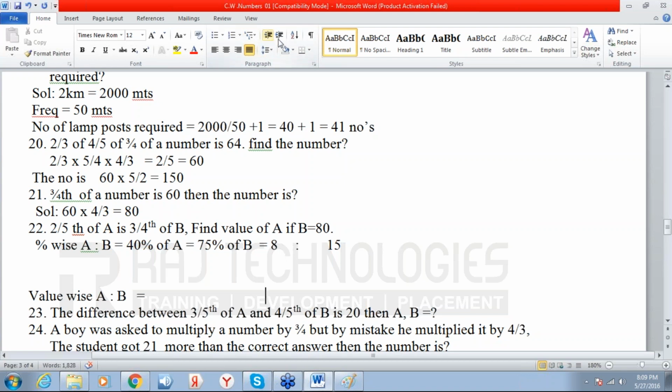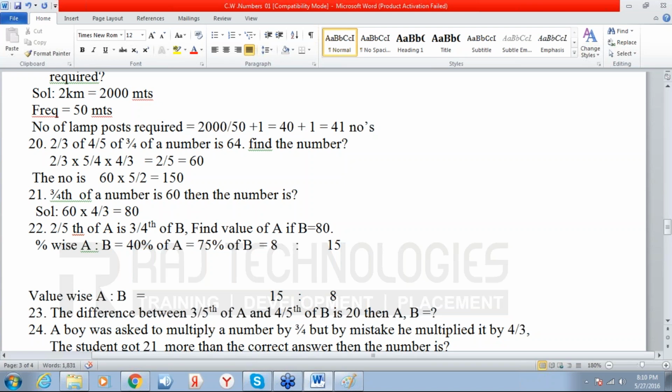Reverse it. Just reverse the ratio: inverse ratio, 15 is to 8. If two numbers are expressed in percentages, the values of the numbers will be in inverse ratio.